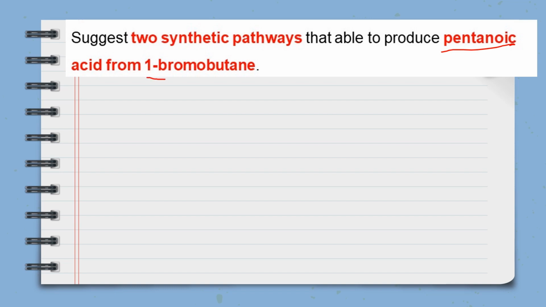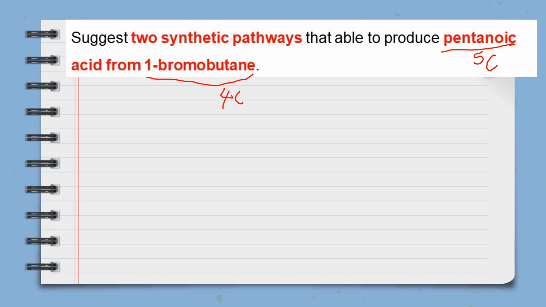Look at the haloalkane here. It has 4 carbons, while the carboxylic acid, our end product, has 5 carbons. So there is an increase in the number of carbons here. There are 2 ways to produce a carboxylic acid with an increased number of carbons.